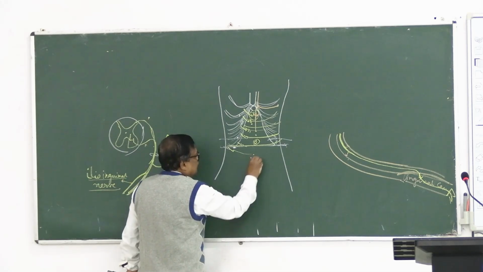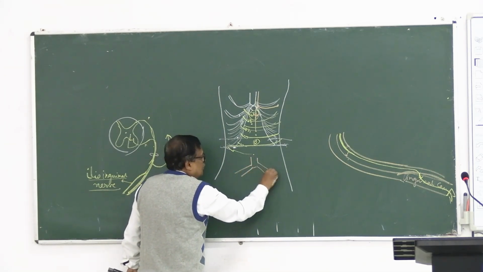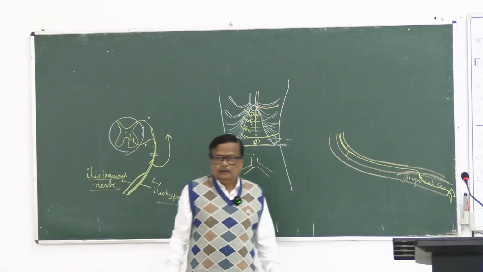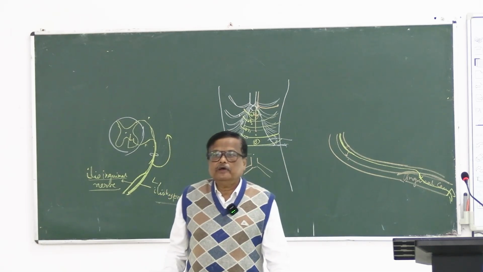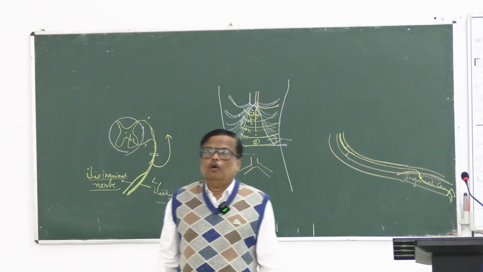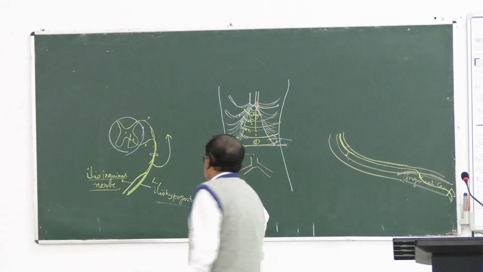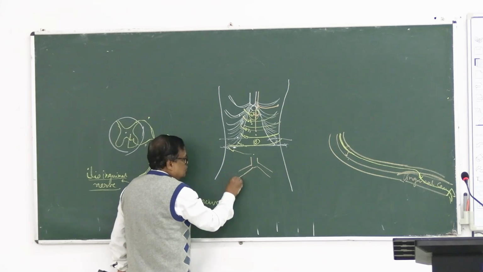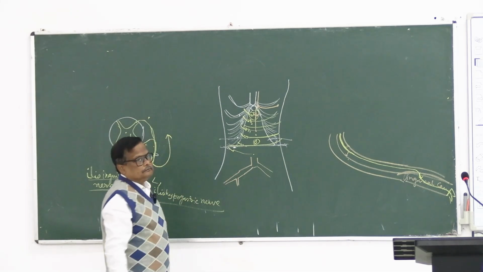This is the abdominal aorta, which is divided into two common iliac arteries at the level of the L4 vertebra, lumbar 4 vertebra, lower border of the L4 vertebra. These two common iliac arteries again divide into internal iliac and external iliac artery.